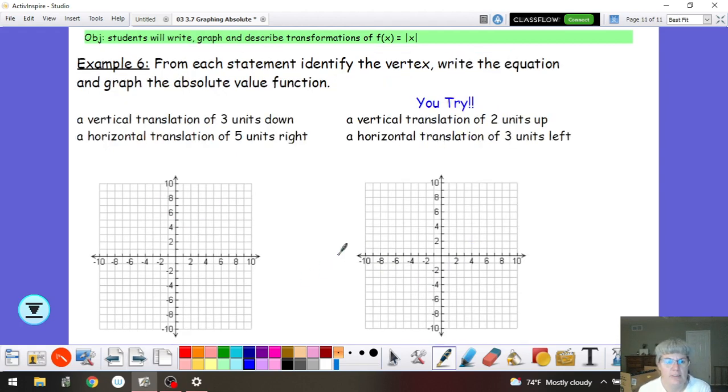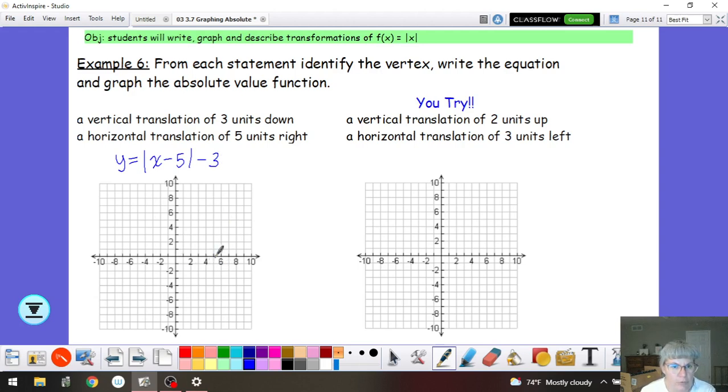And our last slide. Here we have words. So a vertical translation of 3 units down, a horizontal translation of 5 units right. So we have, I'm just going to say y this time equals the absolute value of x minus 5, the horizontal that's inside, minus 3 for the down 3.